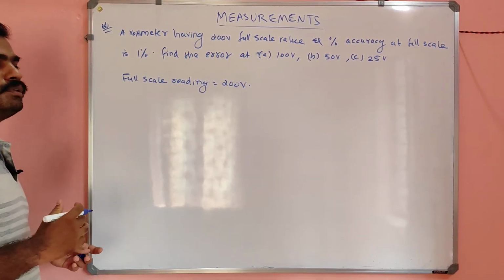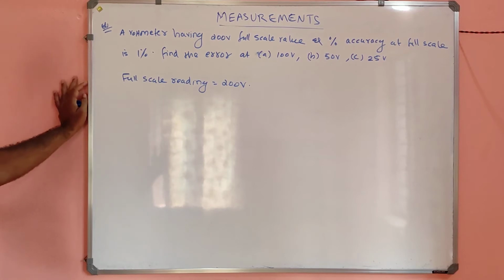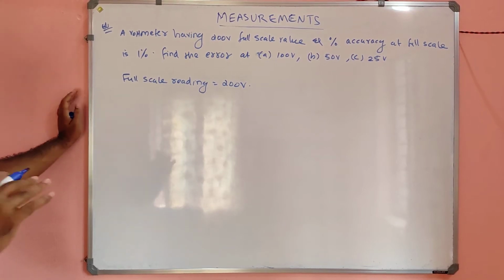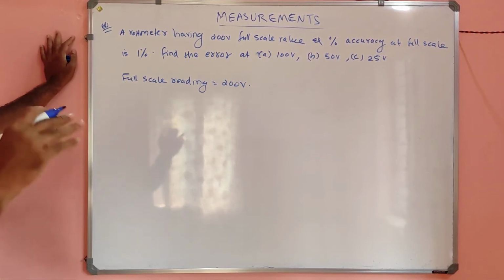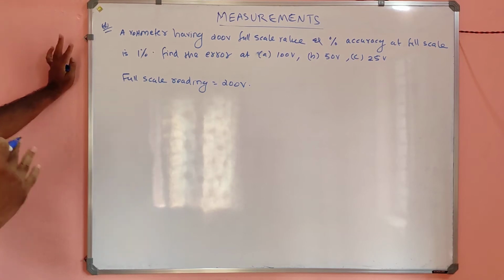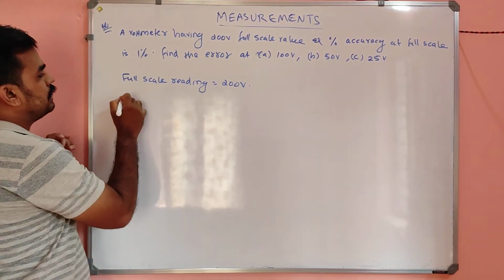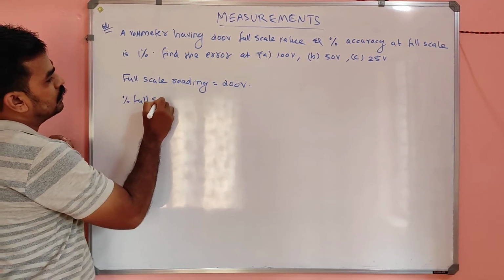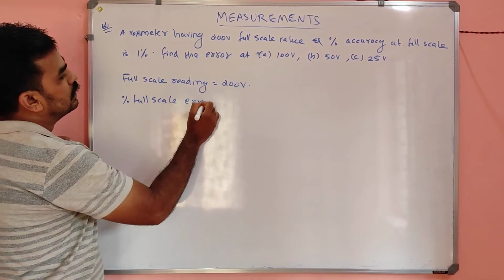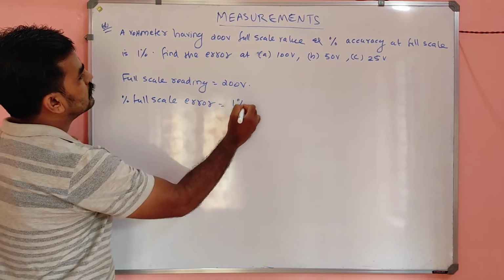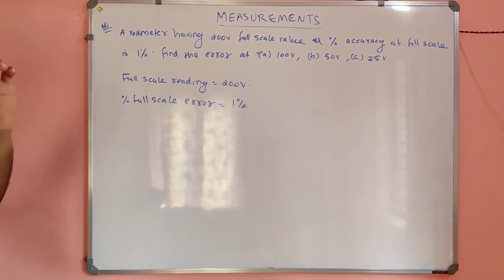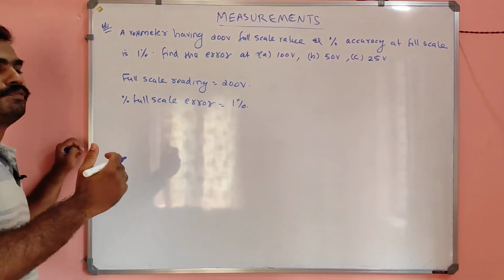We can say it is an error, right? Percentage accuracy indirectly means that 1% error will be there. So percentage full scale error will be equal to 1%. Find the error at 100 volt, 50 volt and 25 volt.